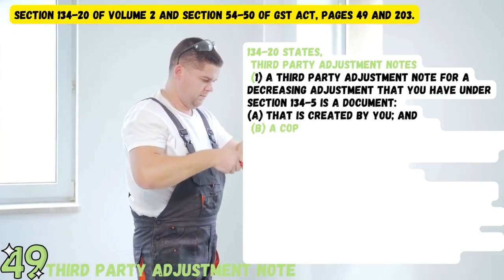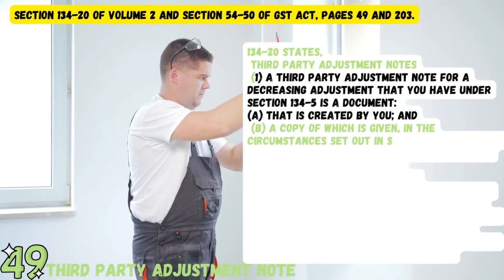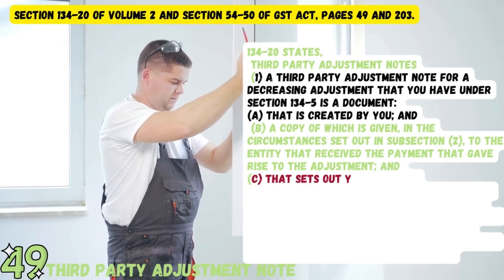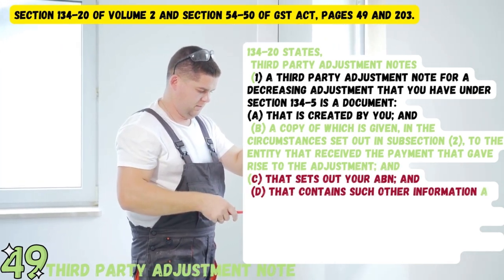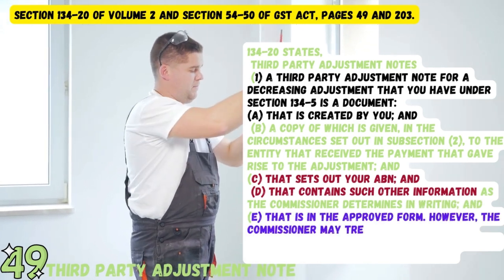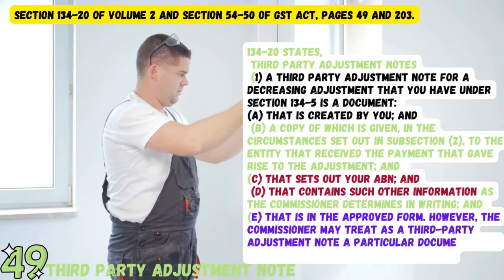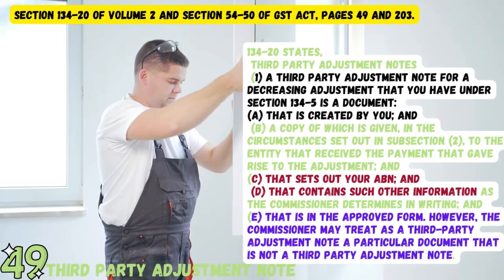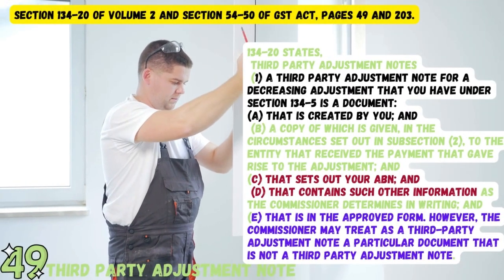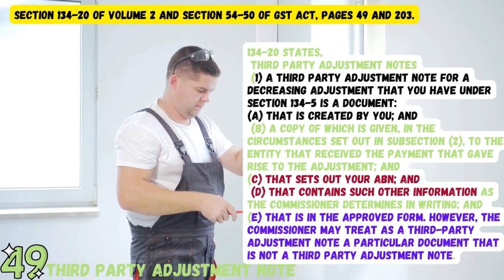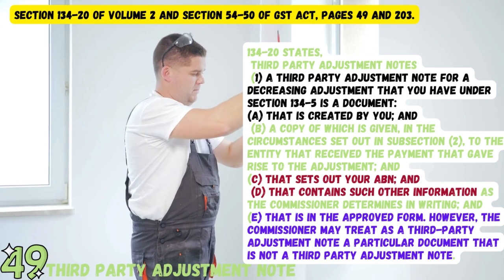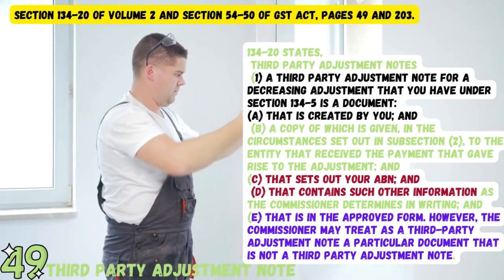1. A third-party adjustment note for a decreasing adjustment that you have under Section 134-5 is a document A. that is created by you, and B. a copy of which is given, in the circumstances set out in subsection 2, to the entity that received the payment that gave rise to the adjustment, and C. that sets out your ABN, and D. that contains such other information as the Commissioner determines in writing, and E. that is in the approved form.